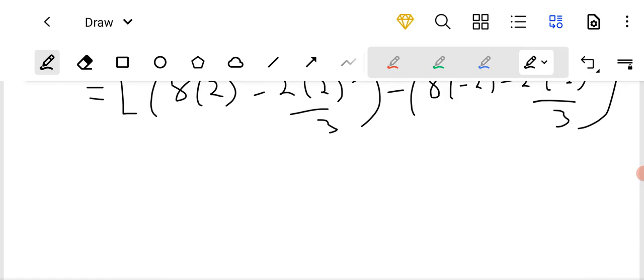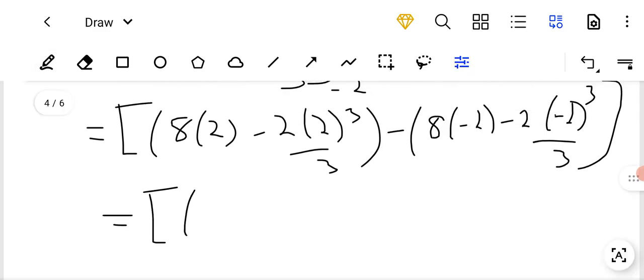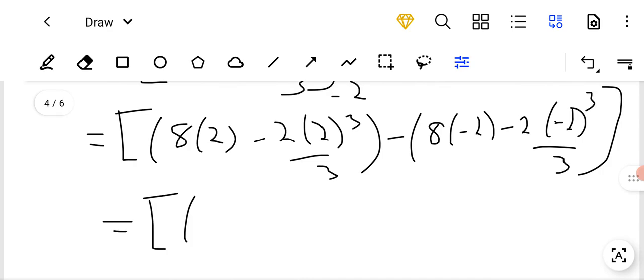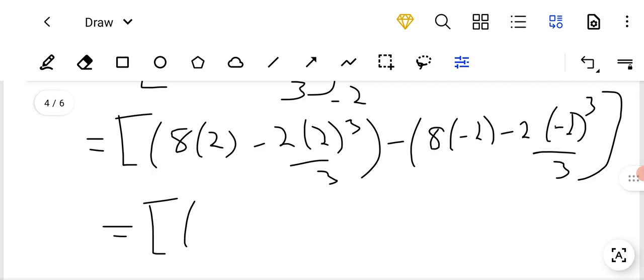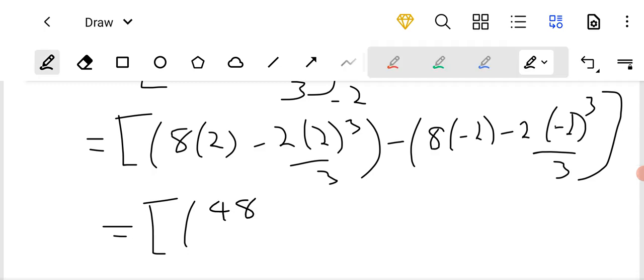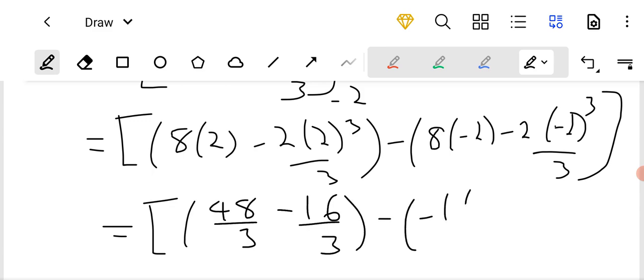So it is equal to, in this bracket we will have 8 times 2, which is 16, and then 16 times 3 gives you 48. Going to have 48 over 3, then 2 times 2 cubed is going to be 16, minus 16 over 3, minus negative 16.